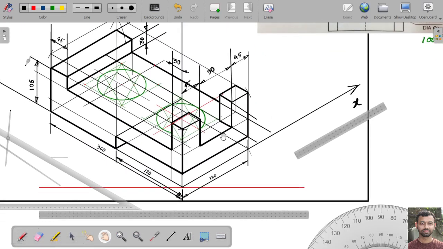Okay. So another dimensions are these dimensions.